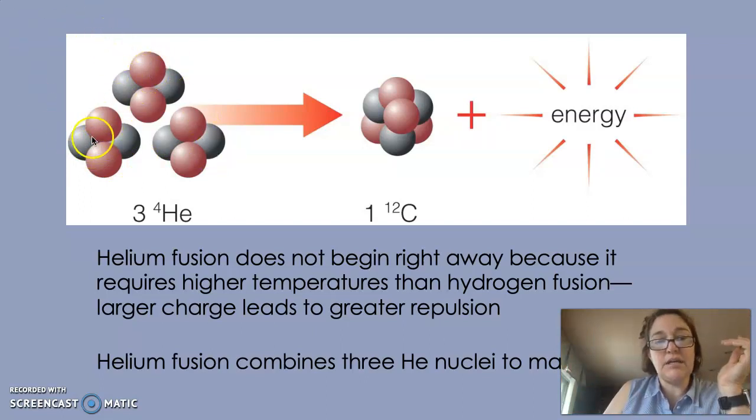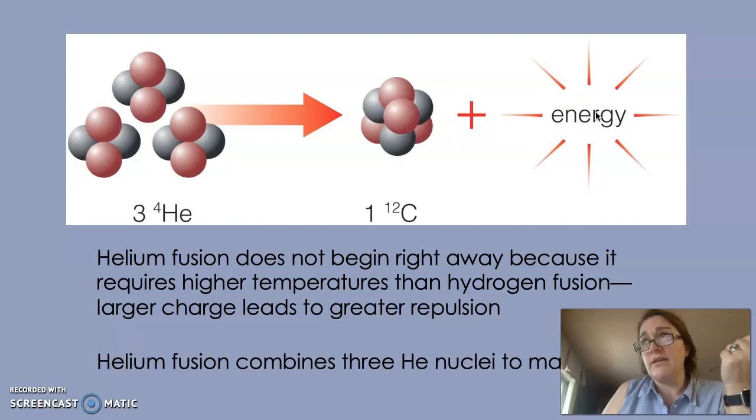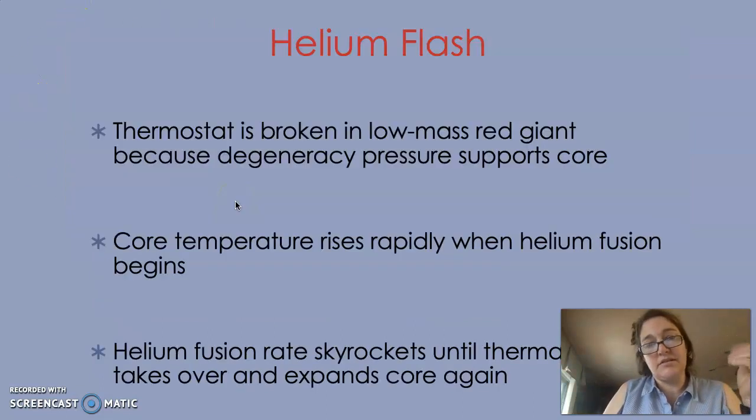We have to have three heliums to create a carbon, and once again, energy is released. Because the helium nuclei have a greater charge than hydrogen, they also have a greater repulsion, and so you have to get to much higher temperatures in order for this process to occur.